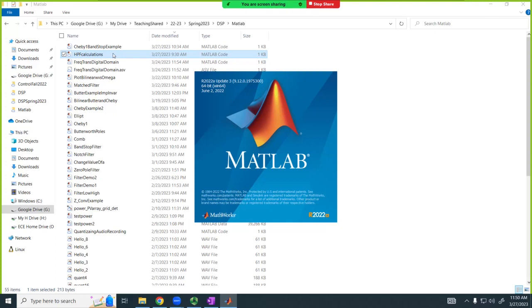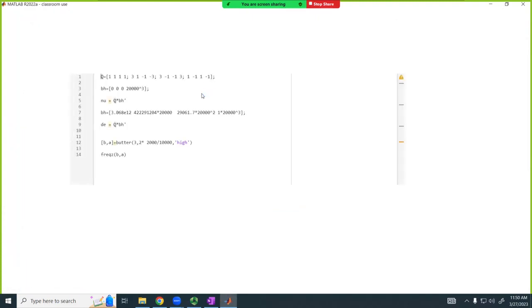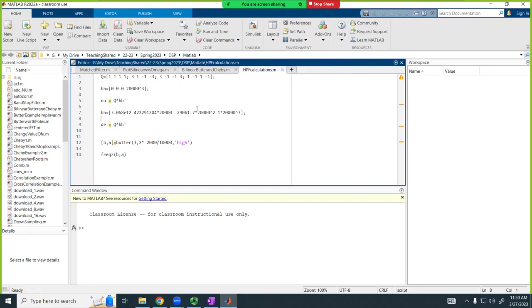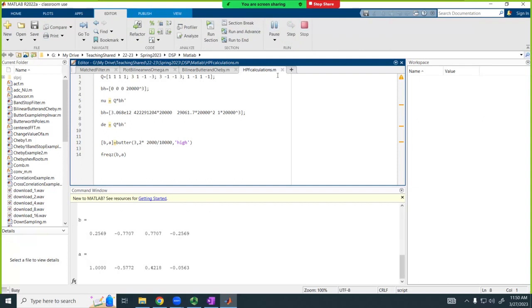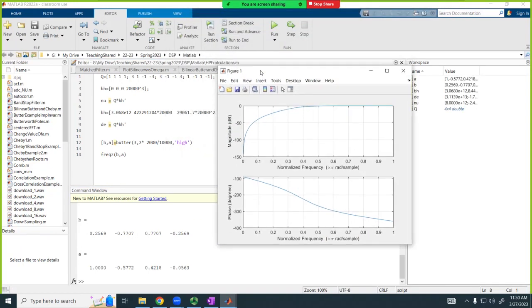Yeah, I forgot, I was not even going to do these calculations here. I was going to let MATLAB do it. Okay, so I'm going to paste this in. These are the same numbers that we have, but just calculated with MATLAB. And this is our filter, and this is our numerator and denominator.